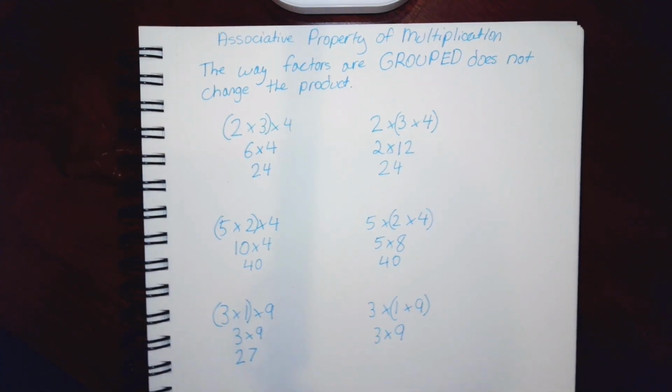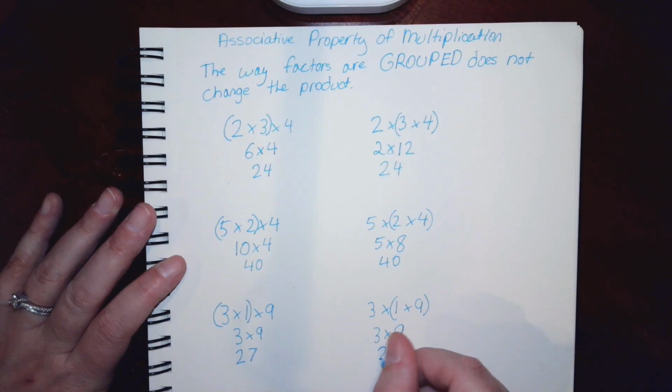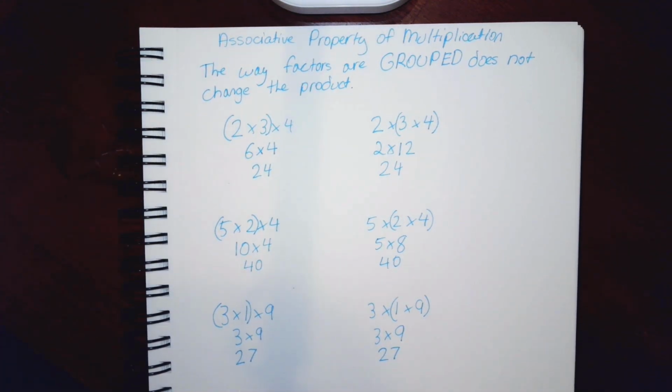So no matter which way I do it, it's still going to come down to doing 3 times 9. Since we just did 3 times 9, we know that is 27. So this is how you use the associative property of multiplication. You use the parentheses to group, and it doesn't matter which way you group it, it's still going to give you the same product.